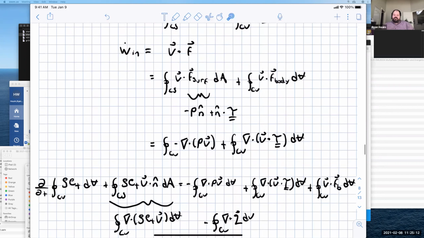But if you skip that, the work dot in would just be minus the flow work, which is just P times V, and also you have a work due to viscous stress acting on the surface of the control volume.